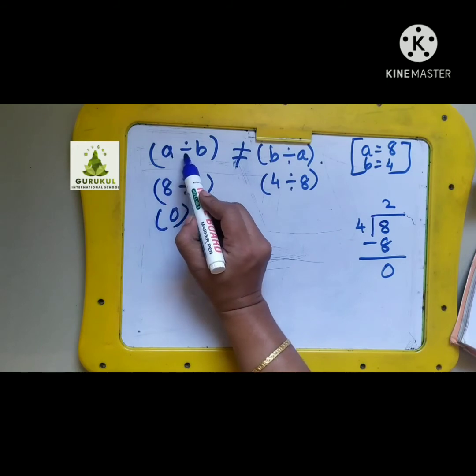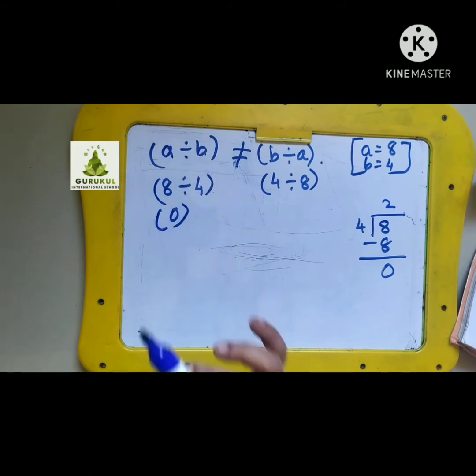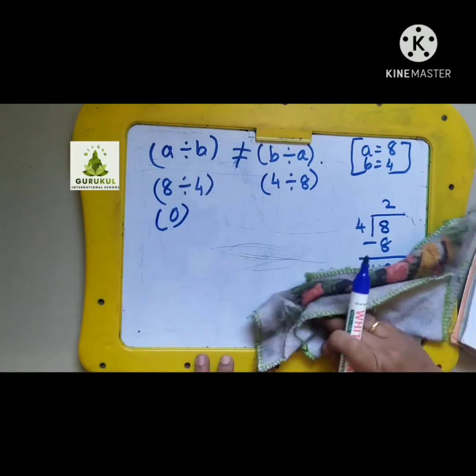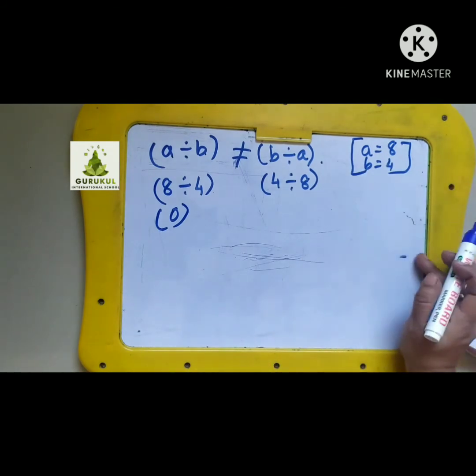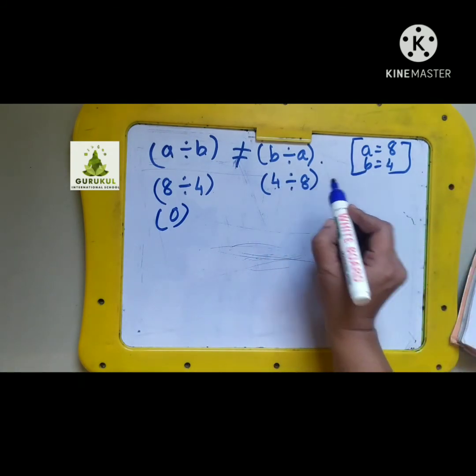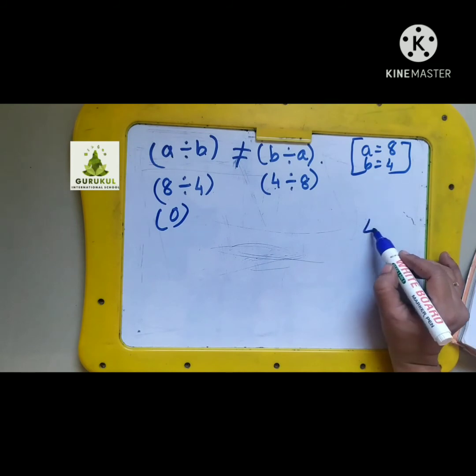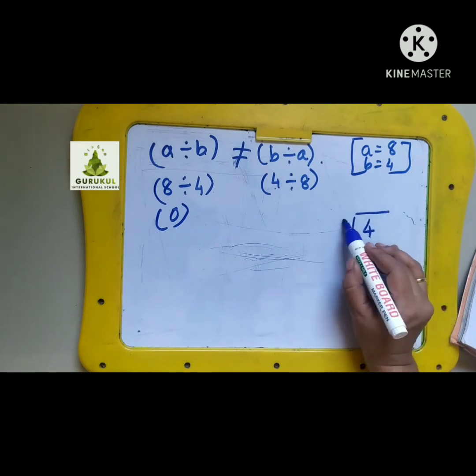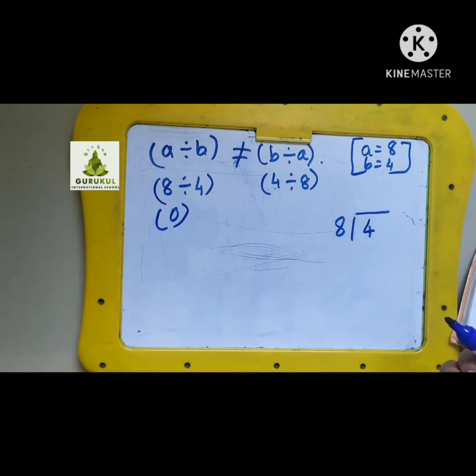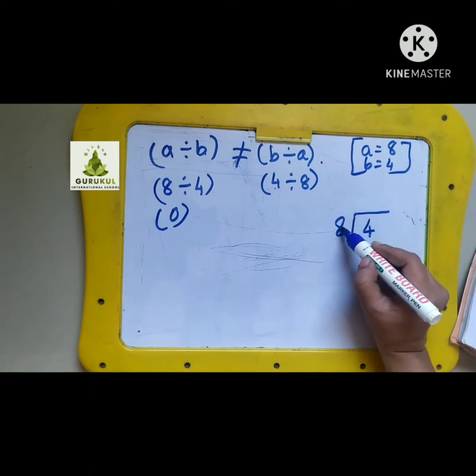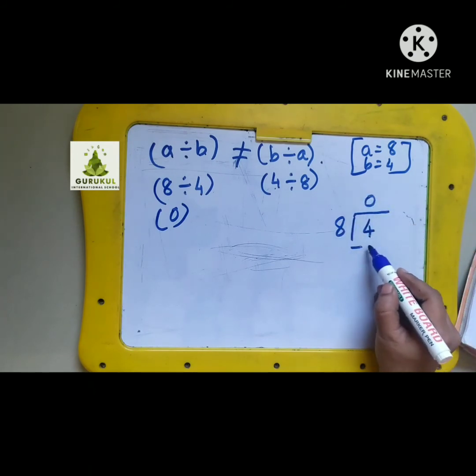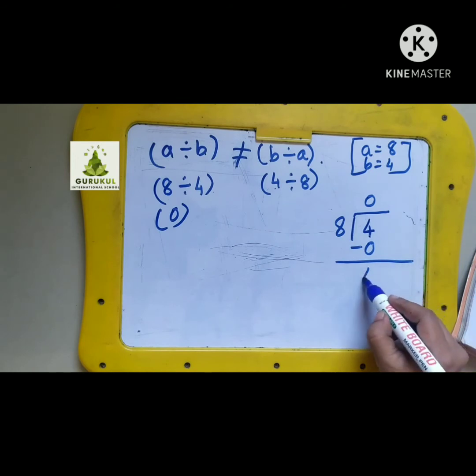So when a is divided by b, you got the answer, for example, 2. Let us see what the right side is. 4 divided by 8. That means you write 4 and divide by 8. Now in the table of 8 you are not going to get 4. So you say 8 zeros are 0. You get the remainder as 4.